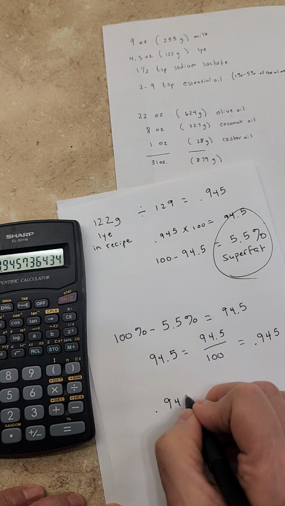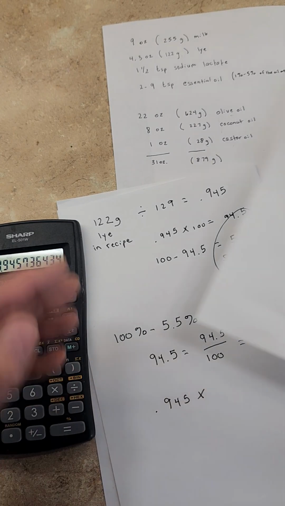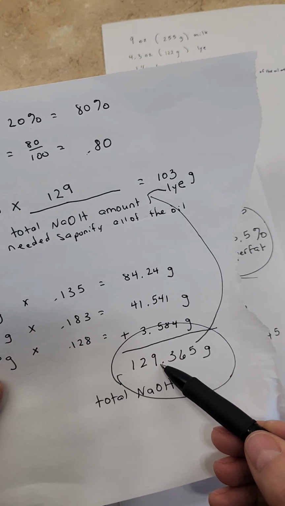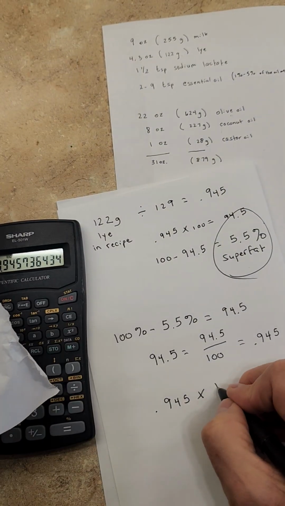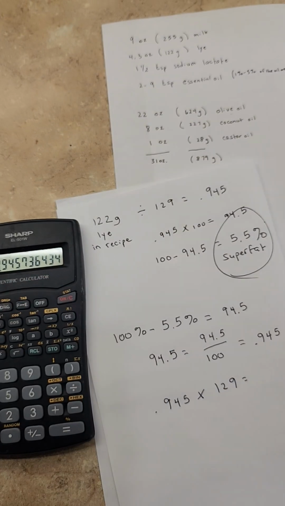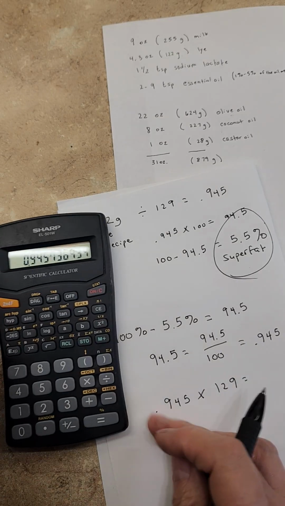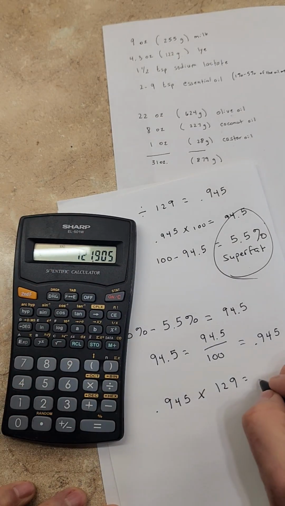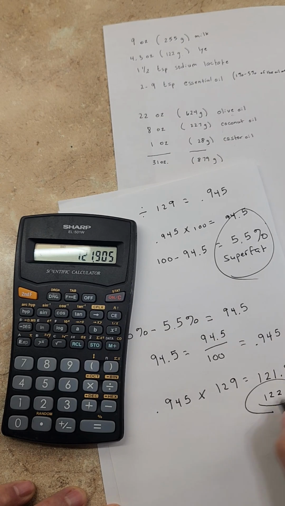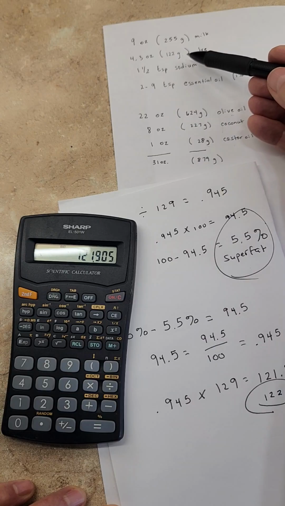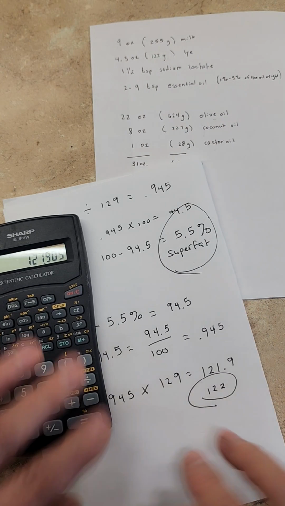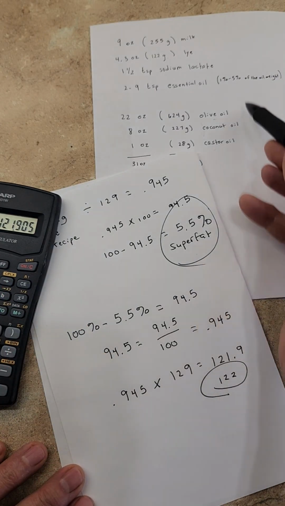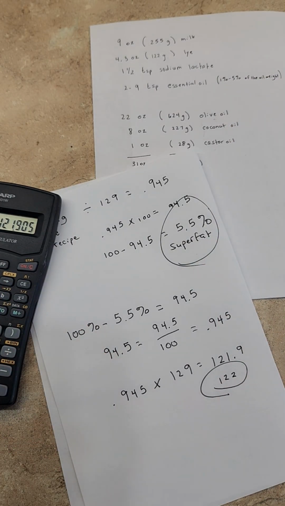Then we'll take 0.945 and multiply that by, again, the very important number of the total NaOH for this recipe, 129. When you do that calculation, you end up with 121.9, which is essentially 122, and you can see and confirm that the recipe has 122 grams of lye, confirming all of the calculations that we've done to prove that this is a 5.5% superfat recipe.